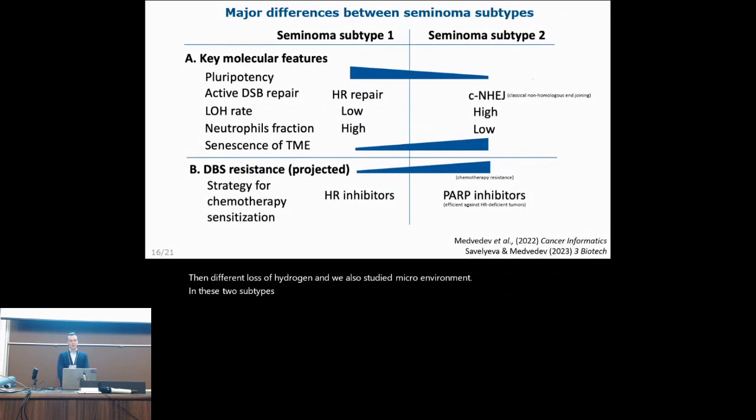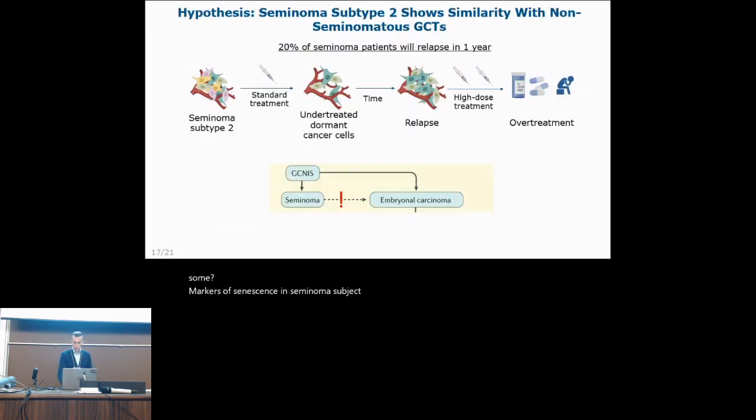We hypothesized that potentially the failure of immunotherapy clinical trials for testicular germ cell tumors might be due to senescence of the tumor microenvironment, and we identified some markers of senescence in seminoma subtype 2. So overall, the potential reason for relapse of seminoma patients, we believe, might be undertreatment of seminoma subtype 2.